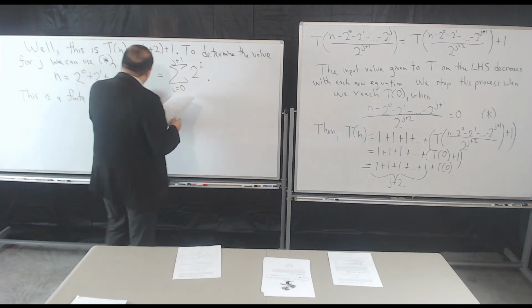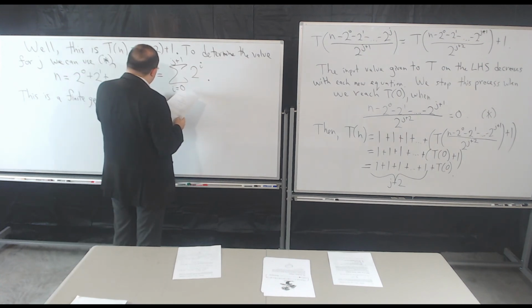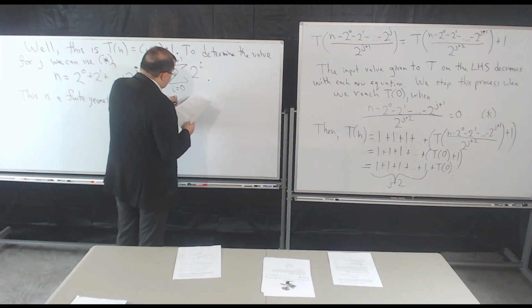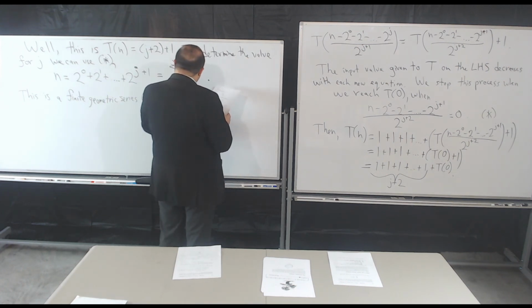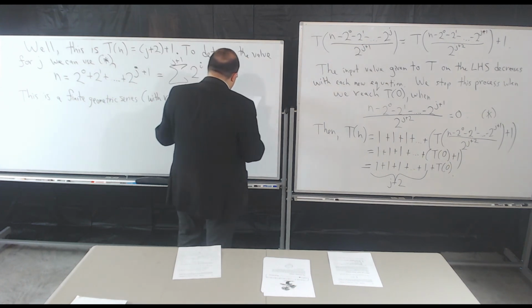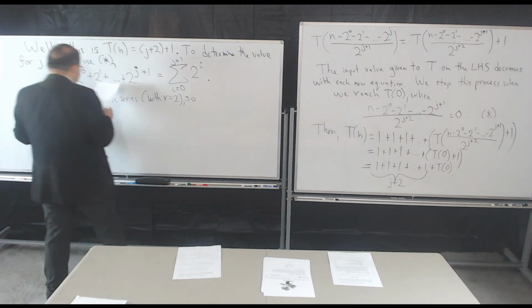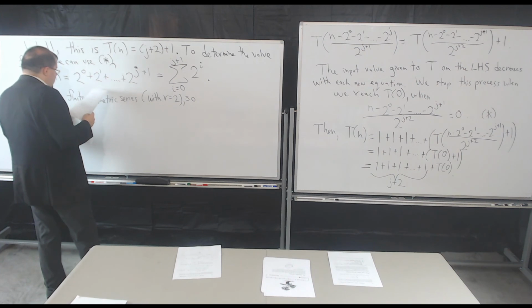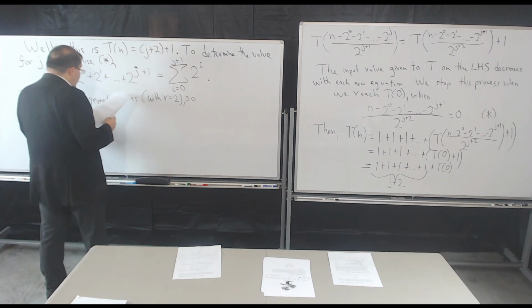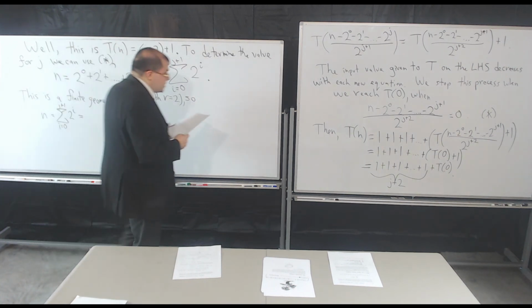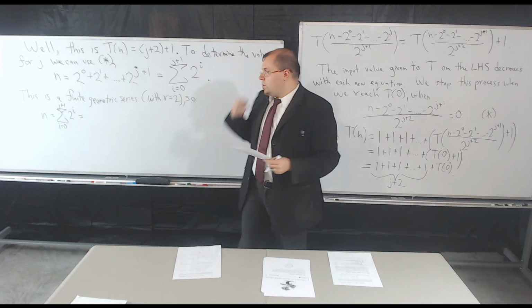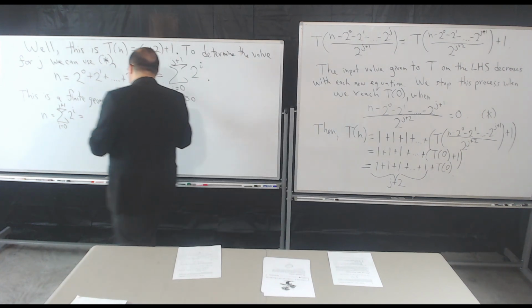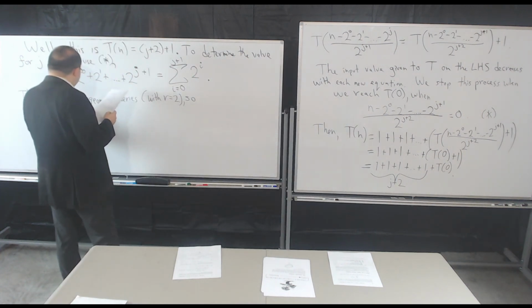So in the formula, this is just with r is equal to 2. So I'm just going to apply that. So I end up with n is equal to the sum from i equals 0 to j plus 1 of 2 to the power of i, which is equal to, now I'm going to just apply the closed form for the geometric series. So just look up this series closed form.